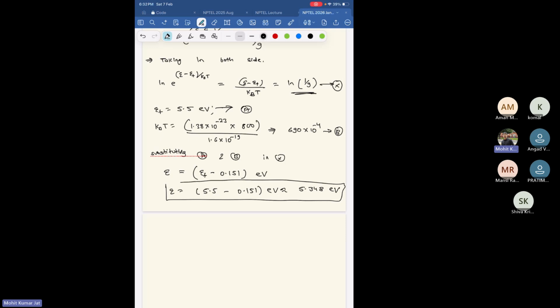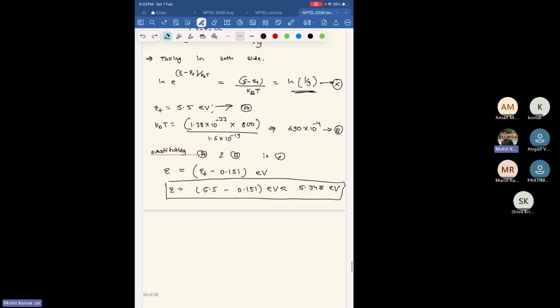So when you are at this energy, 90% of the states will be occupied.